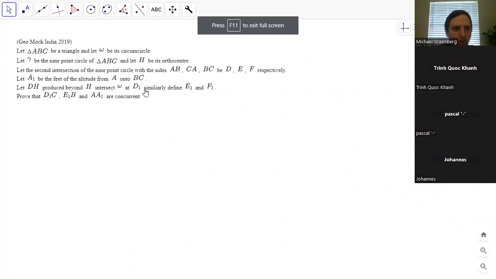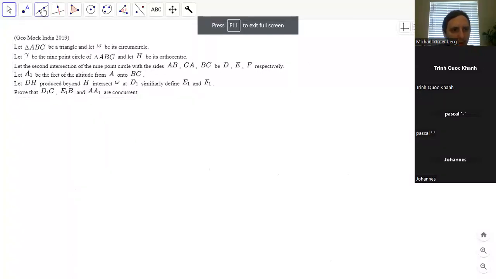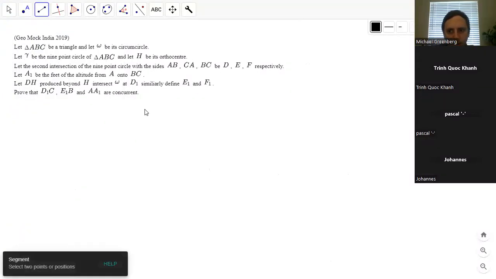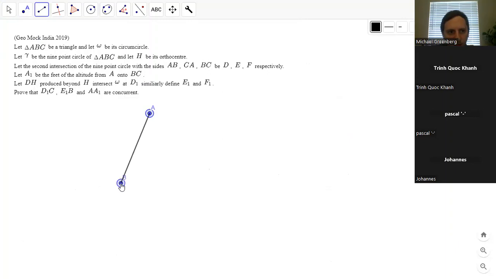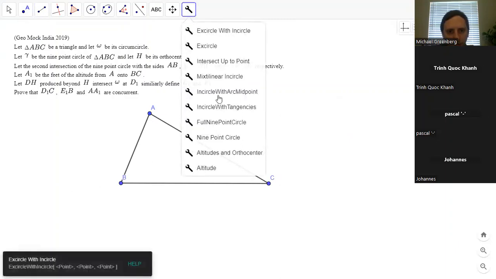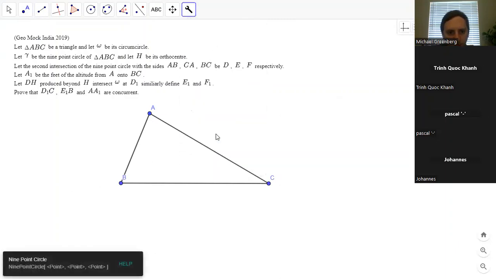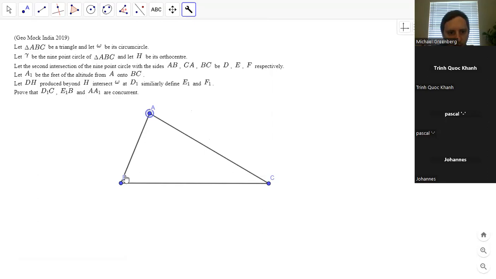Problem 11, there we go. So we have a triangle ABC, and then we draw the circumcircle and a 9-point circle. I think I might already have a tool for the 9-point circle. There we go.